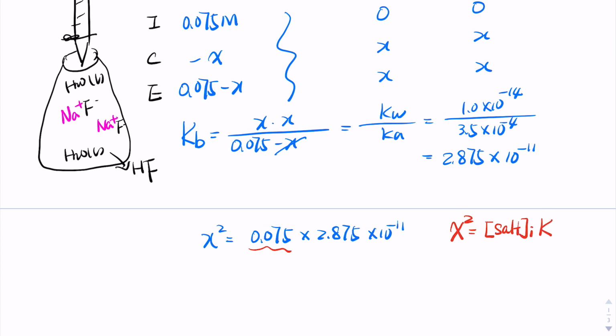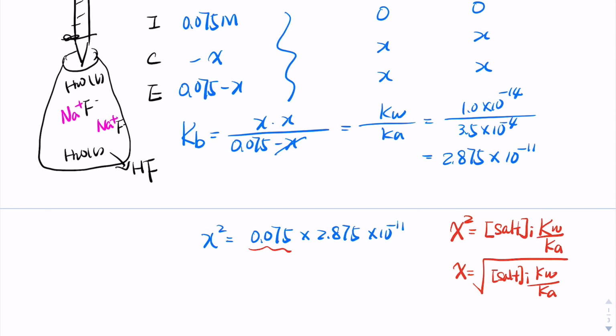And how do you get Kb? Kw divided by Ka of the acid. And then what's the x value going to be? The square root of the initial salt concentration times Kw divided by Ka, that's your Kb.